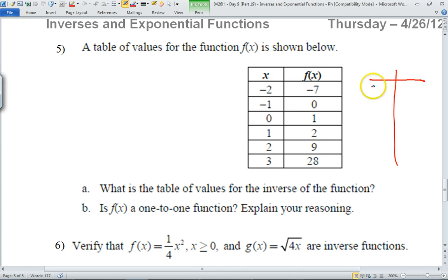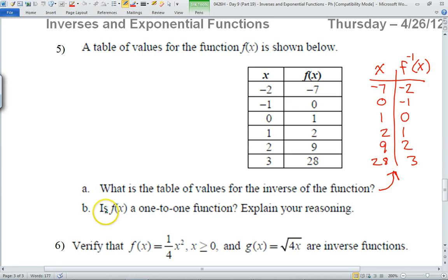So the inverse table would be -7, -2, etc. So this would be the table of values for the inverse function. Notice I call it f inverse with a little -1. So that's the answer to part A.